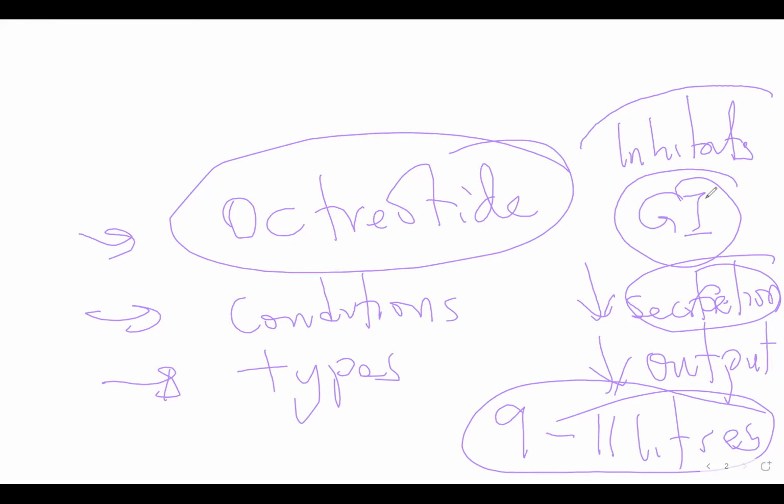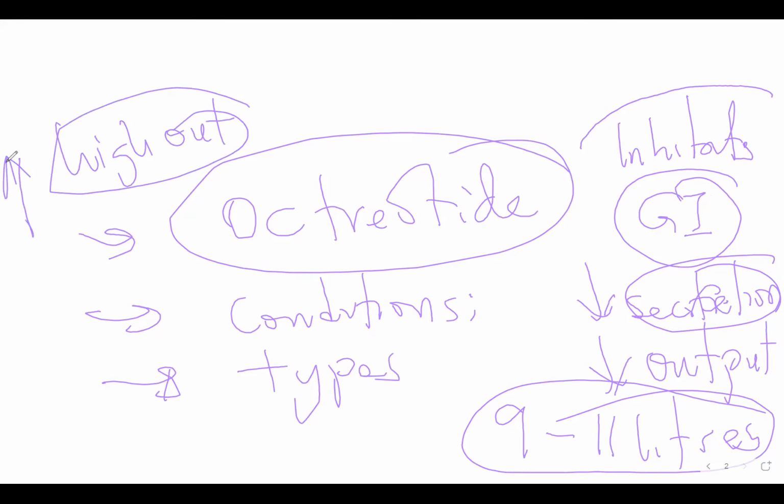So you use octreotide to inhibit gastrointestinal secretion. At what condition is it given? It is given in high output enterocutaneous fistula, and it's given subcutaneously, like 100 to 250 micrograms in divided doses, like TDS or BD.